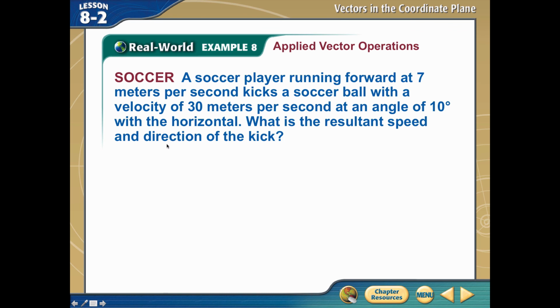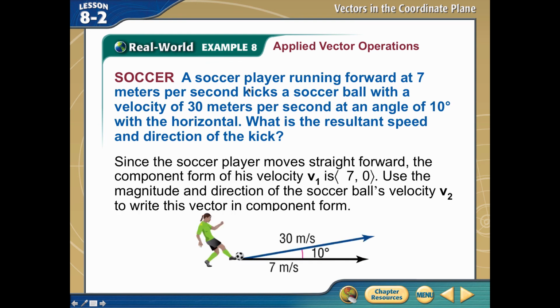Okay, last example. And this is where you're really going to enjoy using component form, because you have a soccer player running and then kicking a ball. So running at 7 meters per second, kicking a ball at 30 meters per second at an angle of 10. So the first vector, the running vector, is 7, 0.